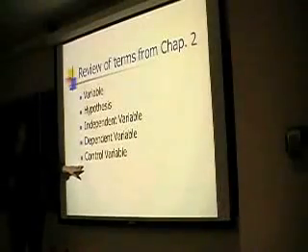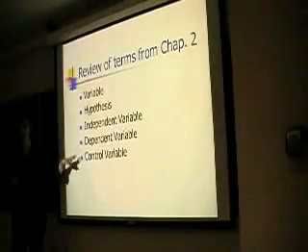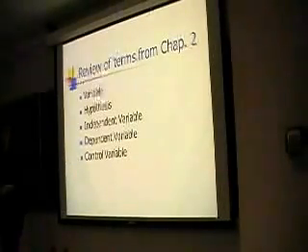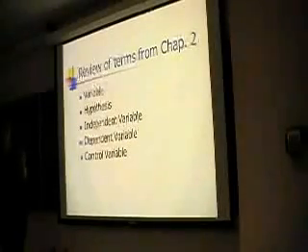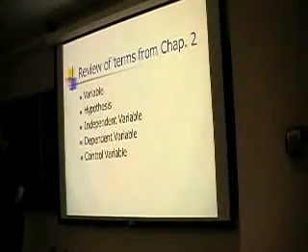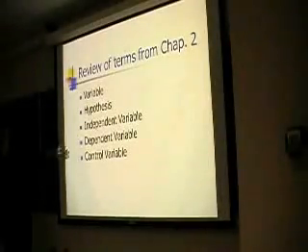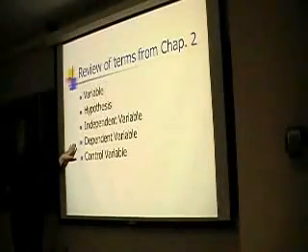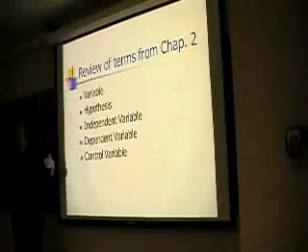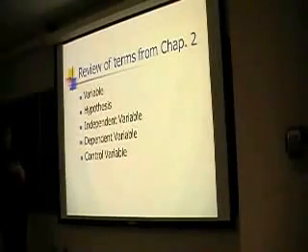So another type of variable that we use a lot is what we call a control variable. And when we get into talking about experimental designs, we'll talk about this a whole lot more. But besides an independent variable and a dependent variable, sometimes when we're testing hypotheses, we need to look at other things.